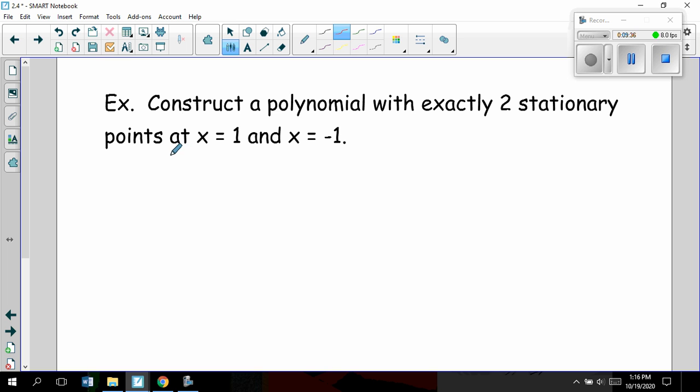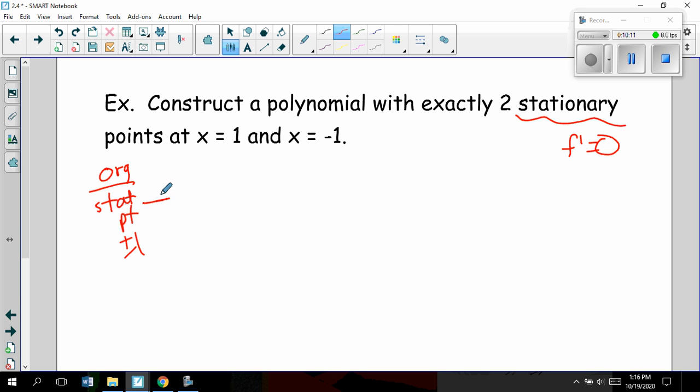All right, so let's use this now. I want to construct a polynomial with exactly 2 stationary points at 1 and -1. So my original is going to have stationary points on here, and those are the x values that I want them at, so plus or minus 1. Now I can't make a function just off of that, just having it be a stationary point, because remember a stationary point is where your derivative equals 0.